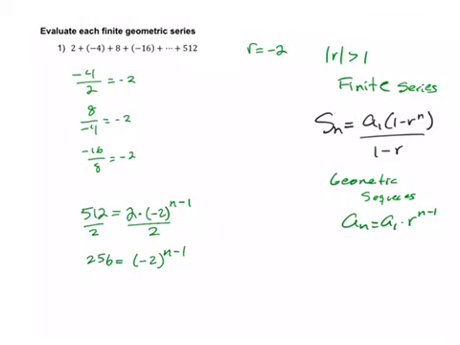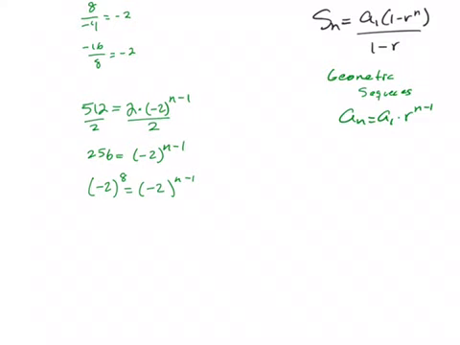So I need to make both sides have the same base. 256 is the same as -2 to the 8, equals -2 to the n minus 1. And now that I have the same base, I can just equate the exponents. So n minus 1 equals 8, so n equals 9.